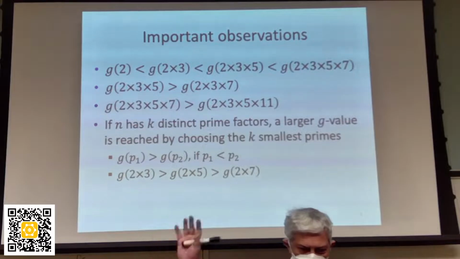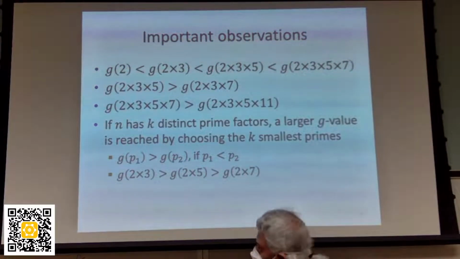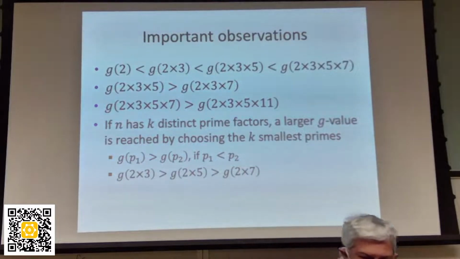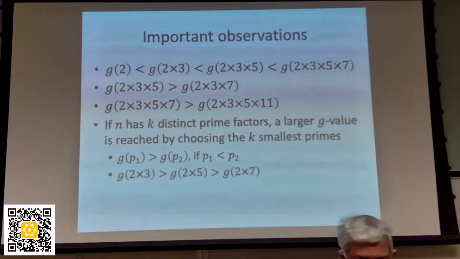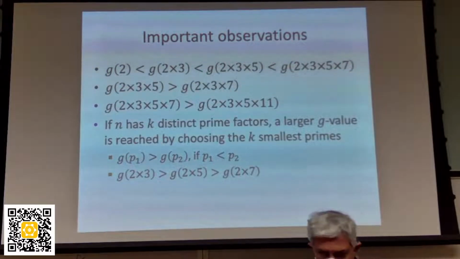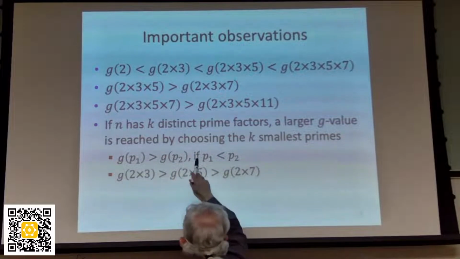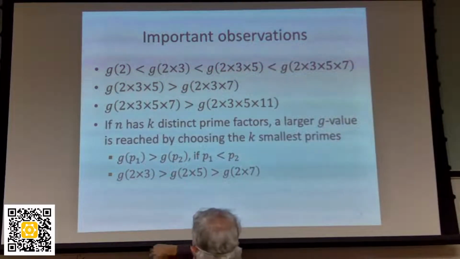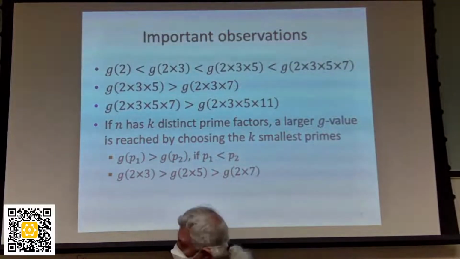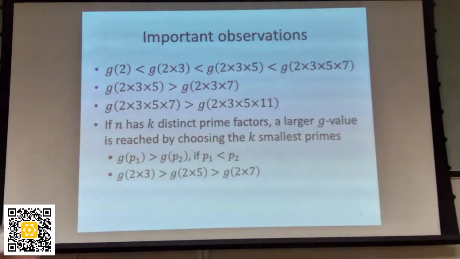This has k factors, and this also has k factors. But one of them has slightly smaller primes than the other, then the first one's going to be better than the other in terms of its G value. So if P1 is smaller than P2, then G of P1 is bigger than G of P2. And when I combine things, I'm going to have slightly better if I use P1 instead of P2.